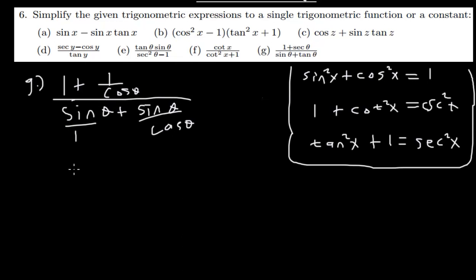Then on top there you find the common denominator and simplify everything. You find it to be cos theta plus 1 over cos theta.